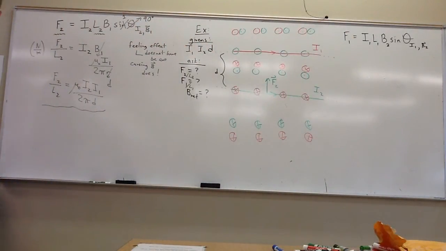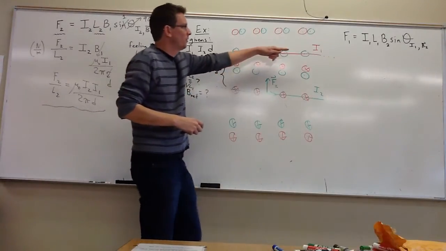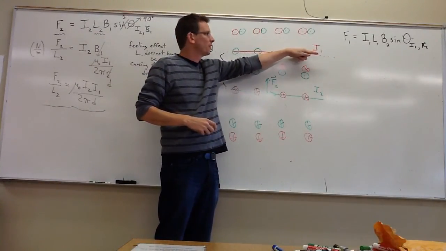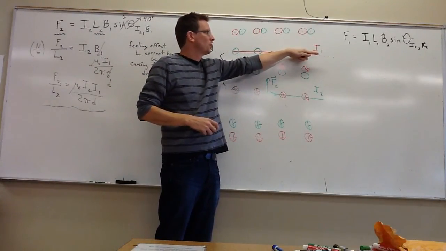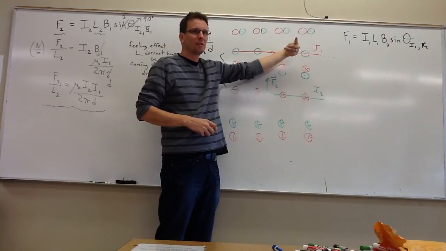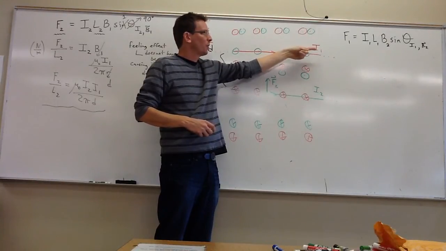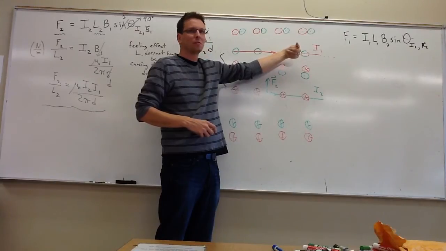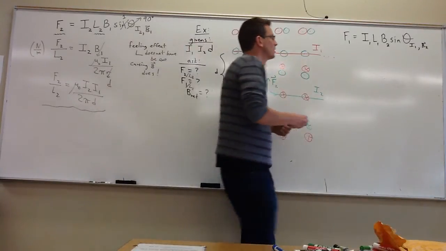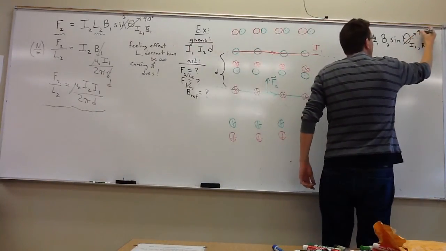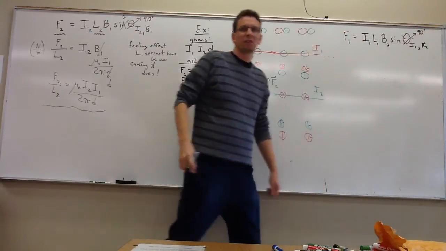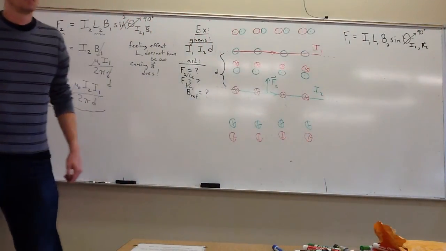All right, let's get that angle. Let's start there. I1 points this way. B2 points this way, right? So what's the angle between I1 and B2? 90. That's the angle between the current and the magnetic field that will be pulling on it.